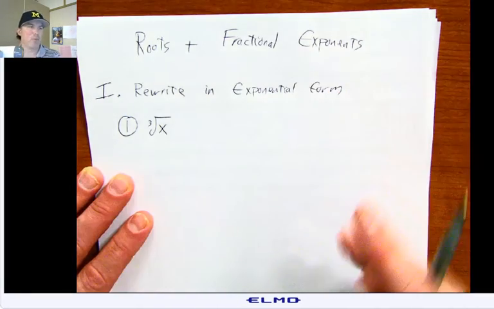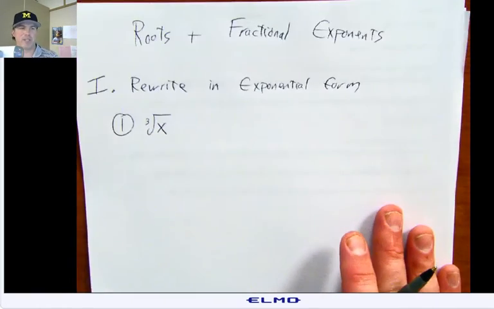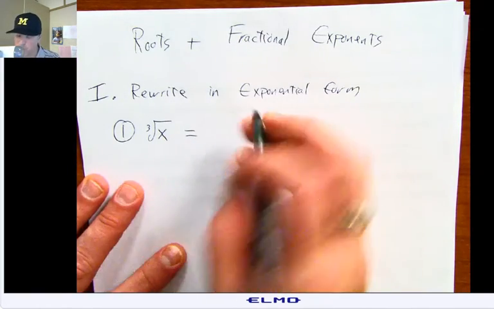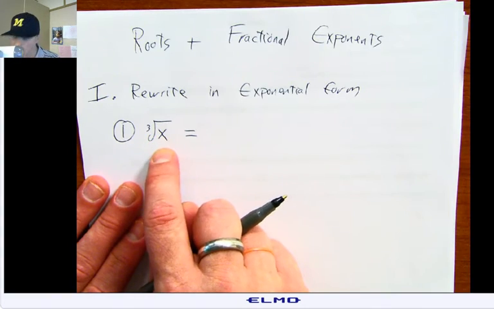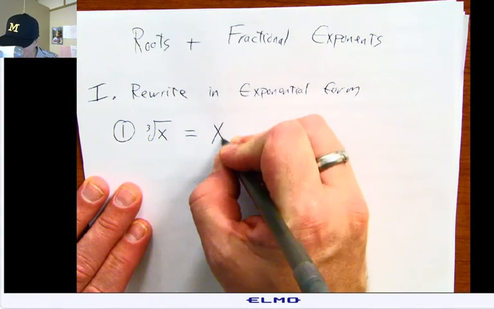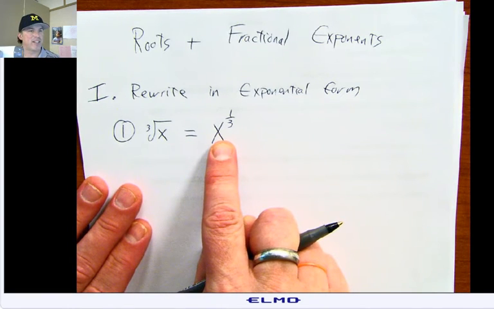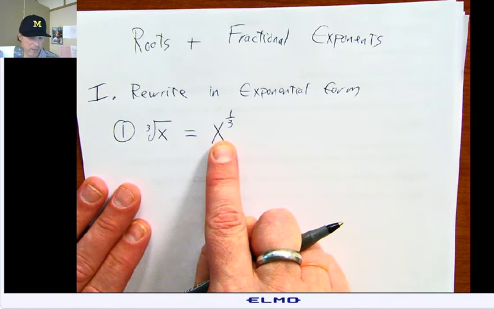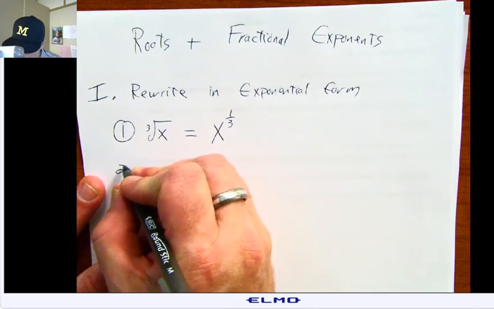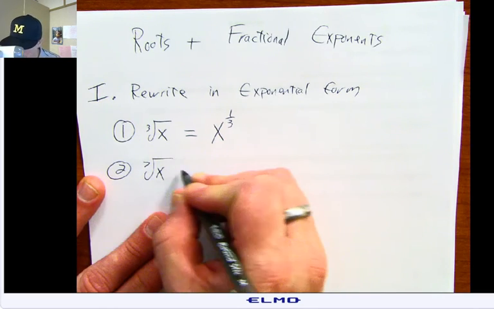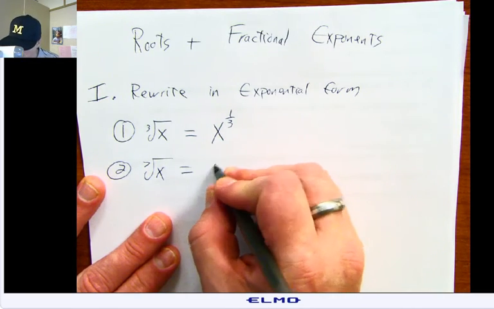And I'm just going to run through some really fast examples just to show what's going on here. So if you had the cube root of x, this is the same thing as x to the 1/3. Or another one, if I had the 7th root of x, that's the same as x to the 1/7.